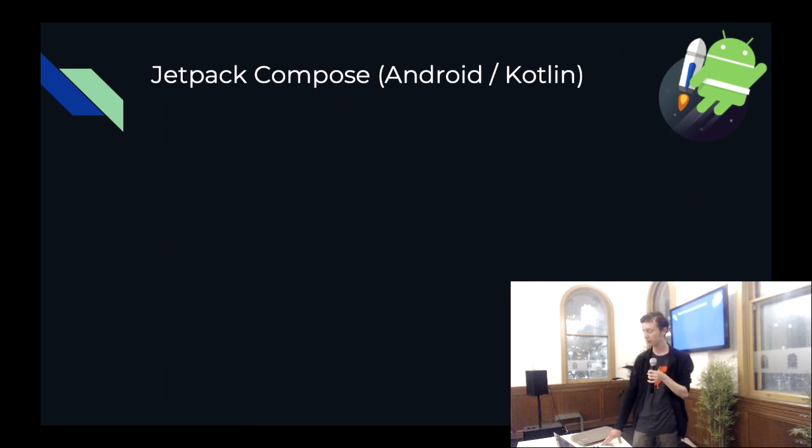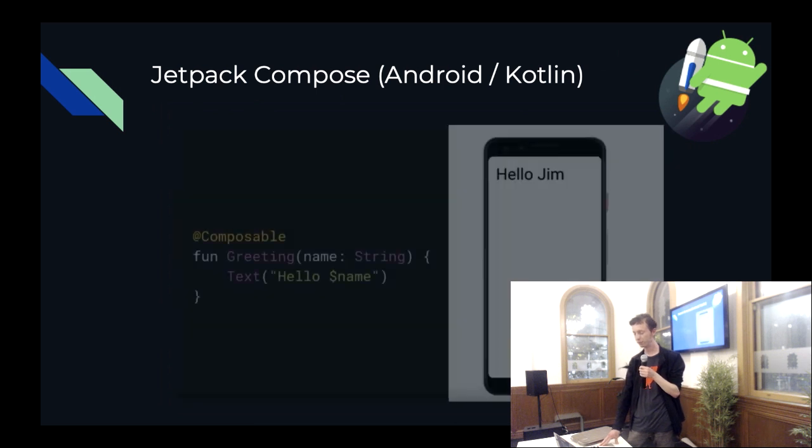So Jetpack Compose, which is a similar framework but only for Android using Kotlin. It looks like Google is developing this in the open source. They've been working on it for about a year so far, but there's still not a huge amount of information on it.